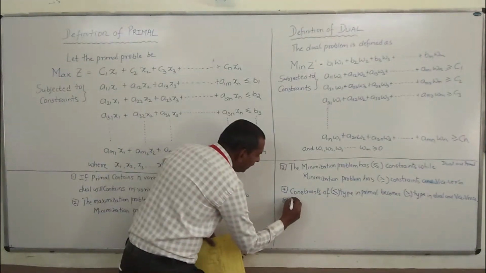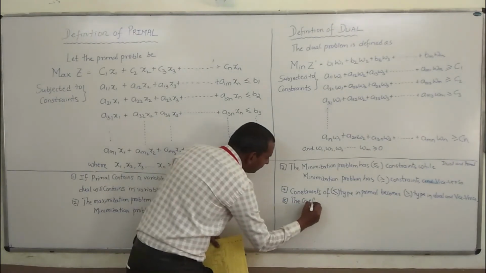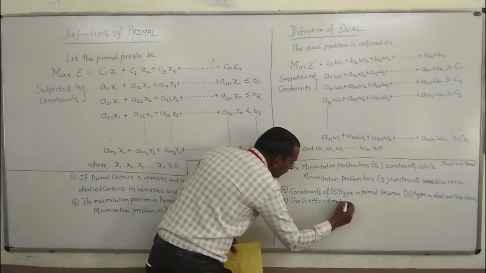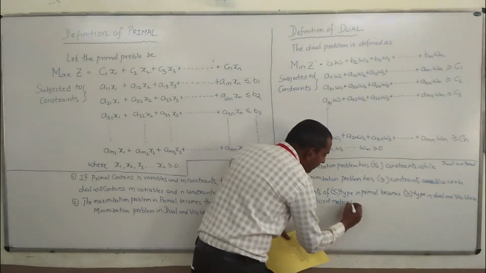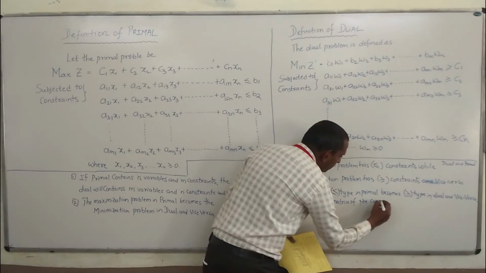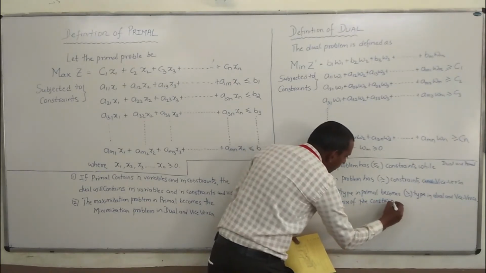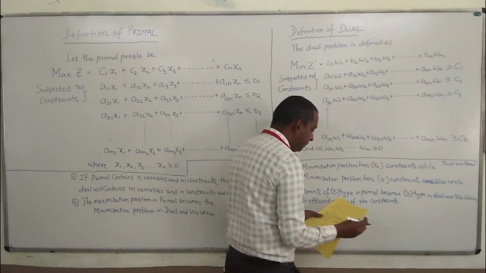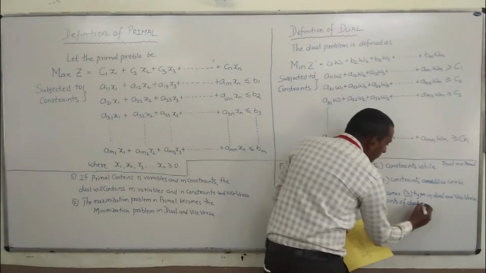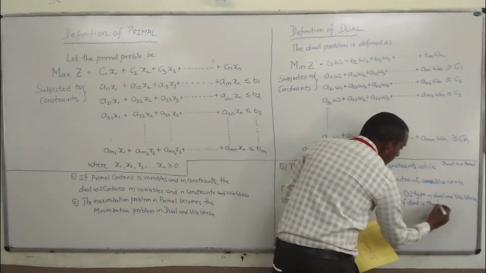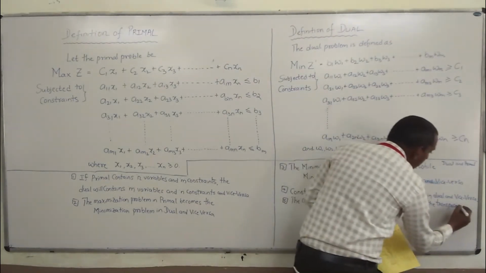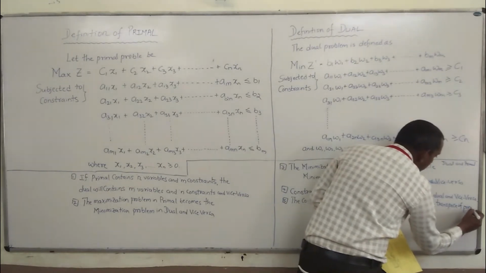The coefficient matrix of the constraints of the dual is the transpose of the primal.